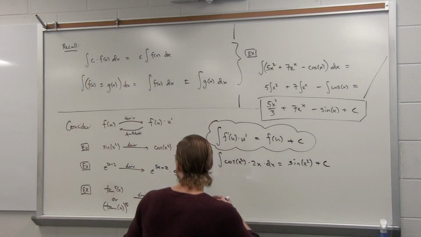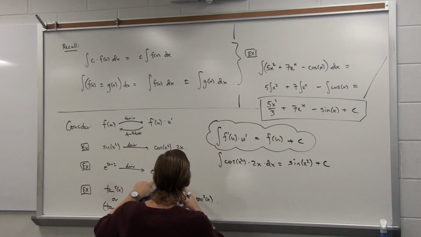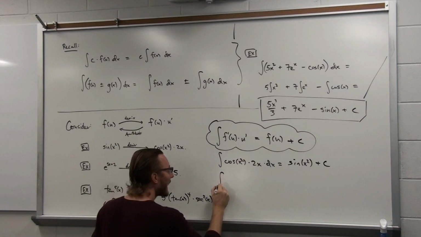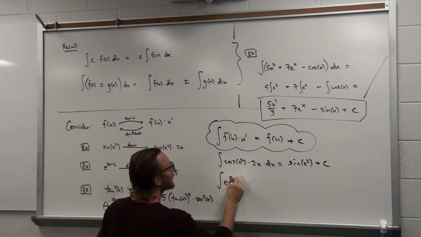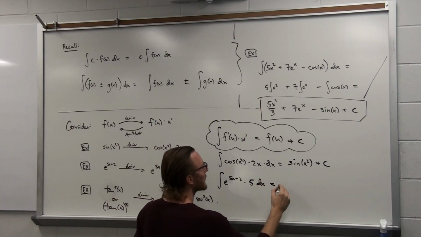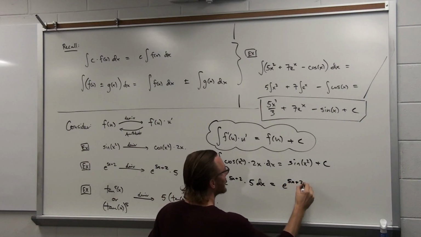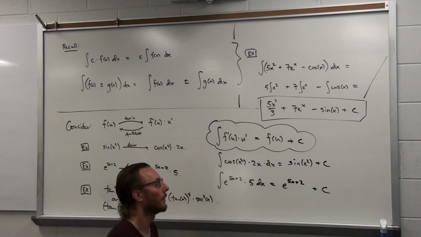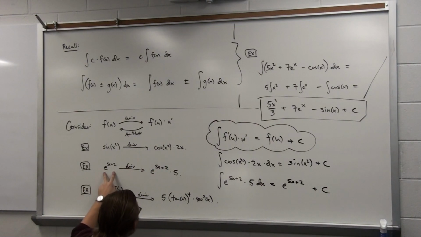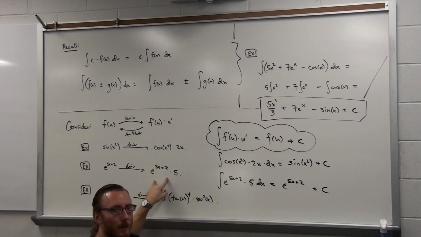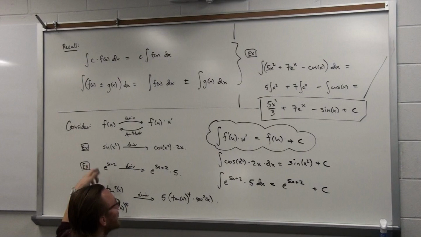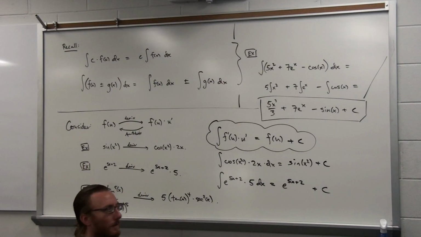So, taking the same idea, if the derivative of e to the 5x plus 2 is e to the 5x plus 2 times 5, then the antiderivative of e to the 5x plus 2 times 5 is going to be e to the 5x plus 2, plus c. Yes, e to the 5x plus 2 produces e to the 5x plus 2 times 5 by way of derivative, but of course e to the 5x plus 2 could have any additional constant added, and that would have dropped off by way of derivative.